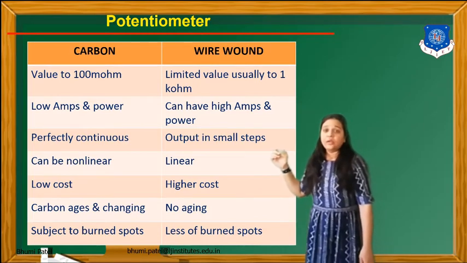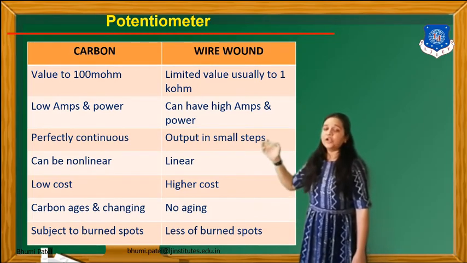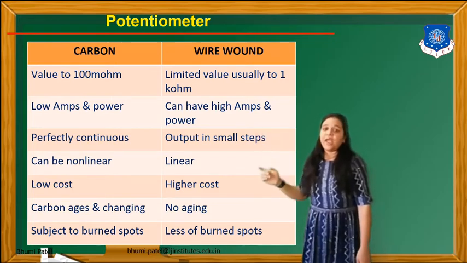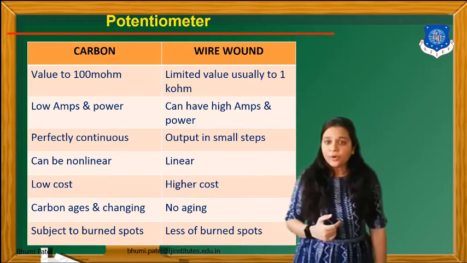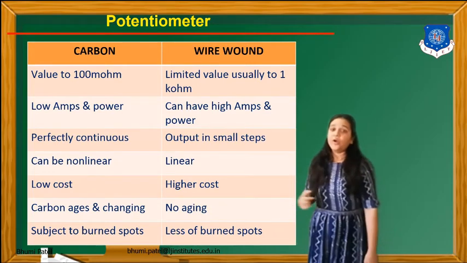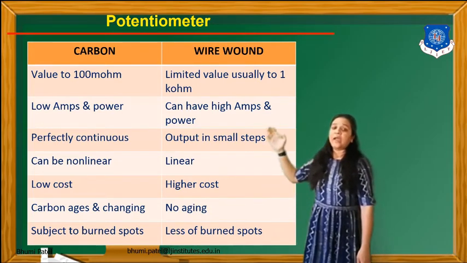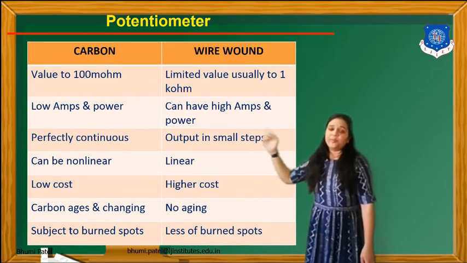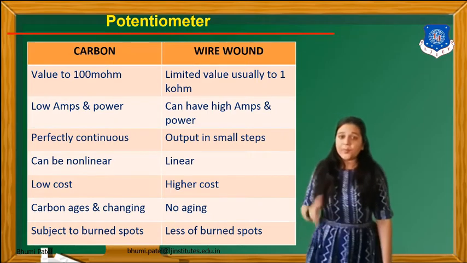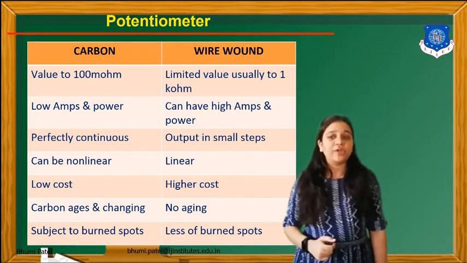The output is perfectly continuous in the carbon type, and in the wire wound we get output in small steps. The carbon type can be non-linear and the wire wound must be linear. The cost of the carbon type potentiometer is low compared to the wire wound potentiometer.